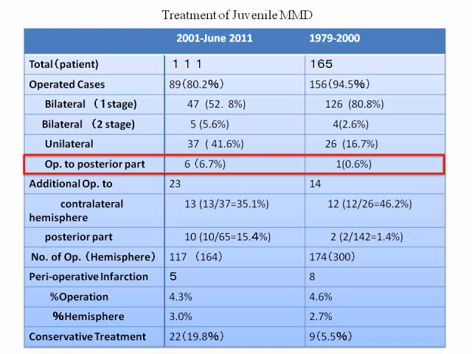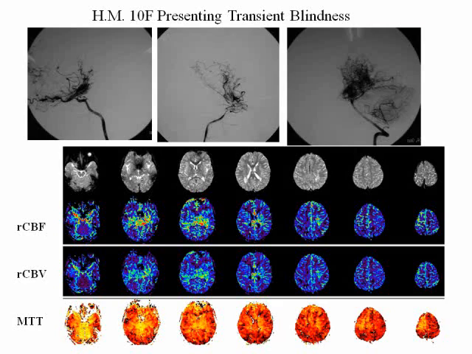Another change was the increase of operation to the posterior part of the brain as initial surgery. This is an example of a patient. Ten years ago he presented with transient blindness, and he had a severe posterior cerebral artery lesion. CBF measurement revealed that mainly the posterior part of the brain had worse hemodynamic impairment.